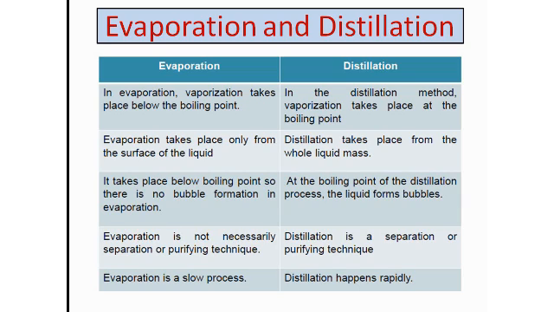Once it reaches the boiling point, it will start boiling, right? Bubbles will come out, right? So before reaching the boiling point, the vapors which escape from this aqueous solution are removed, right? But in case of distillation, the vaporization takes place at the boiling point. Here the boiling point needs to be reached, right?